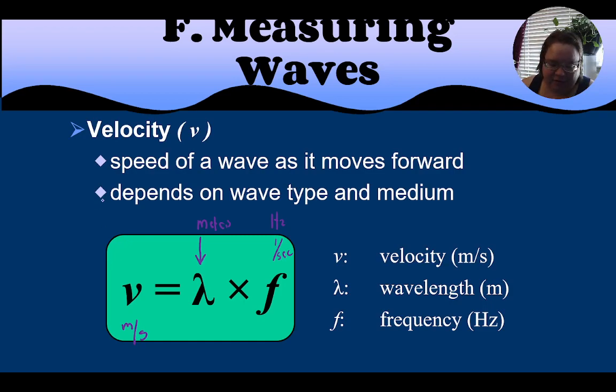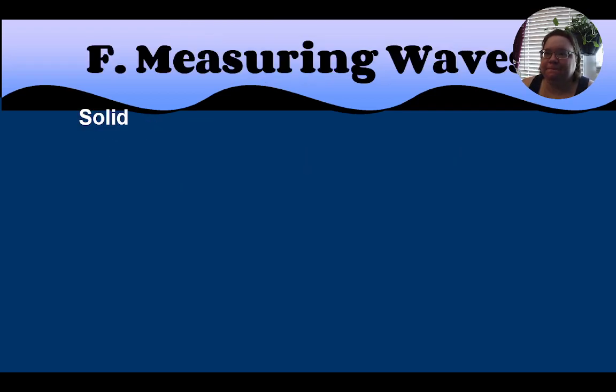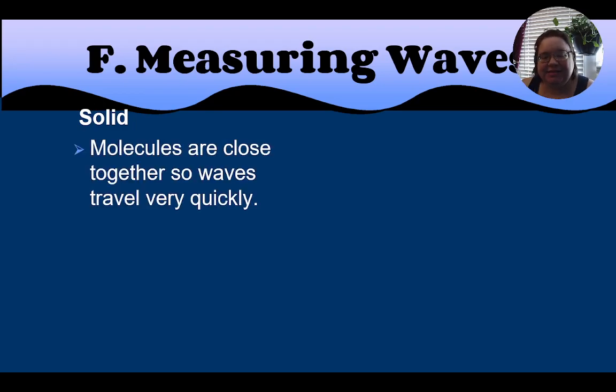Now, wave motion, specifically sound, the speed of that wave is dependent upon the medium. If we're looking at sound waves specifically, sound is going to travel fastest in a solid because those particles are right next to each other. As soon as one particle moves, it's going to bump into the next one. So sound is able to move very, very quickly through our solids.